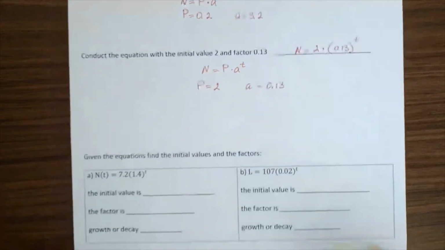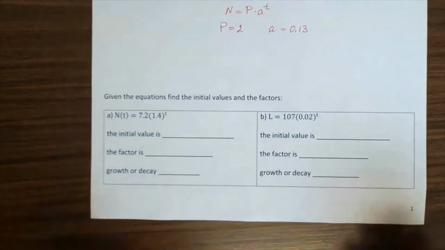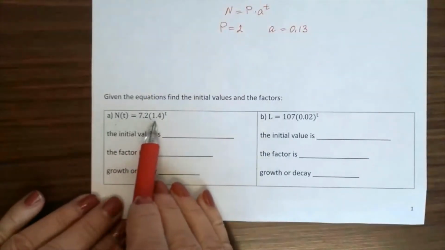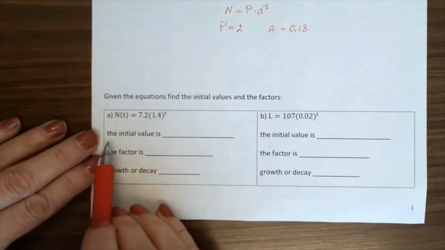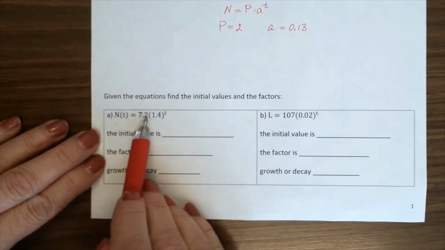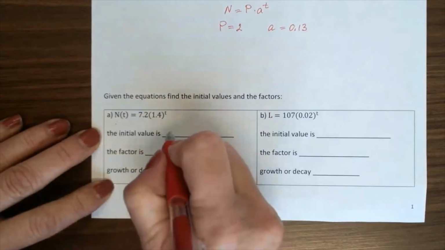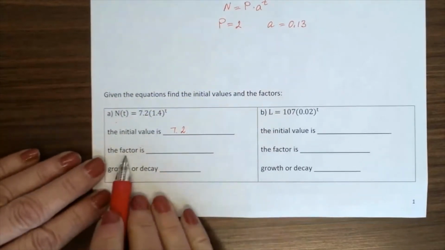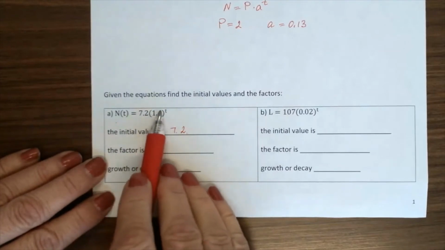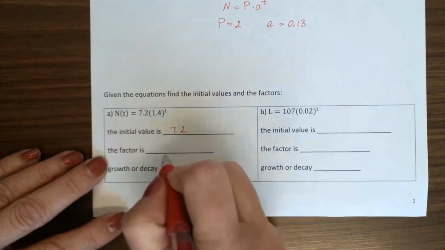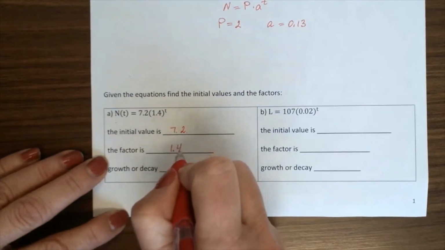We will review two more examples, but the problem will be kind of opposite. The equation is given to us, and we need to find the initial value. The initial value is a constant, 7.2. Now the factor is a number that is raised to the power, in this case 1.4.